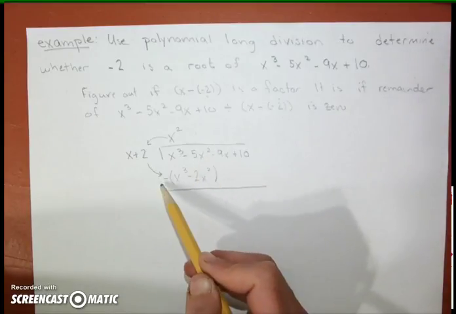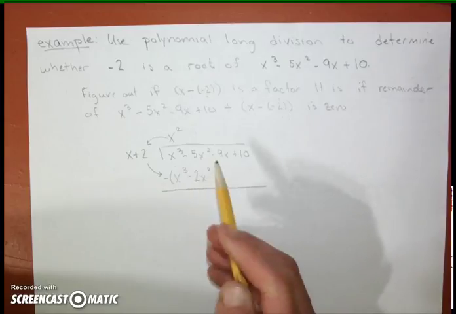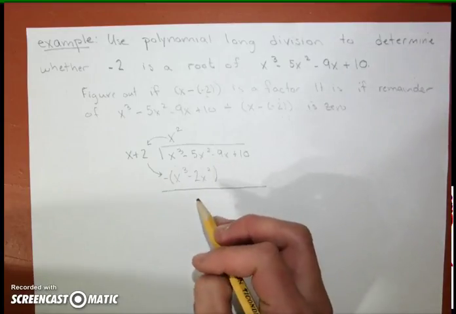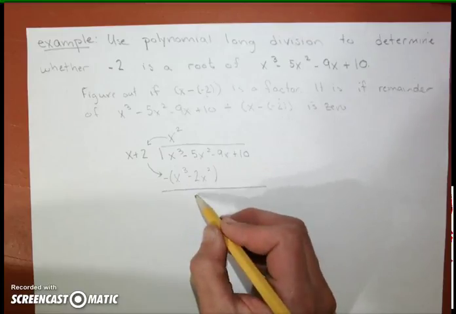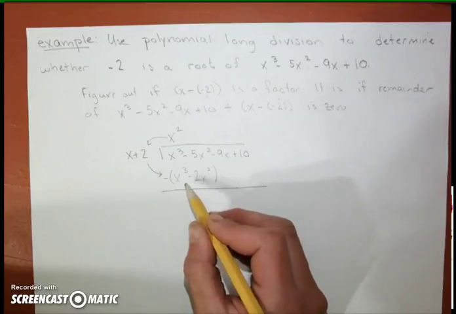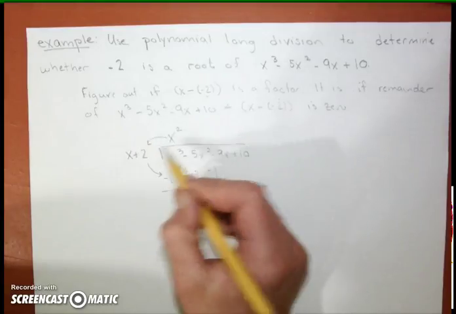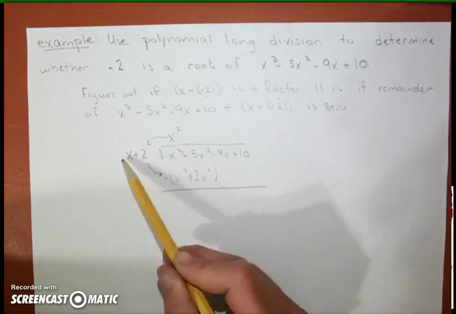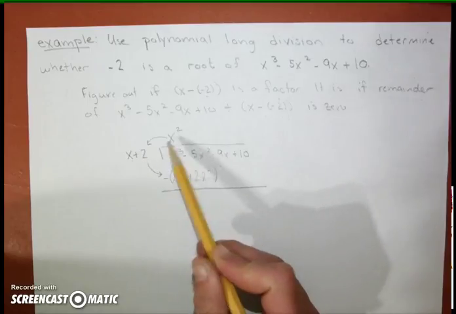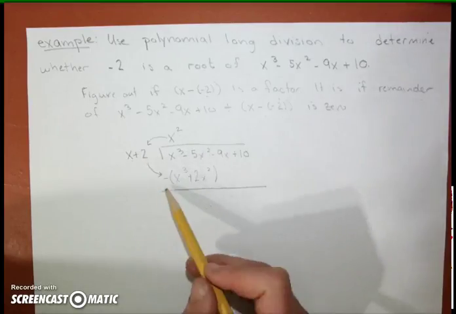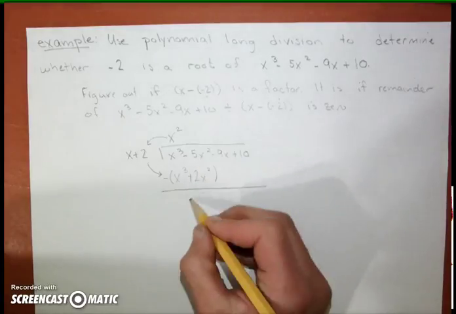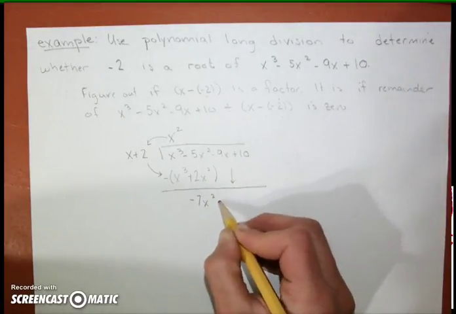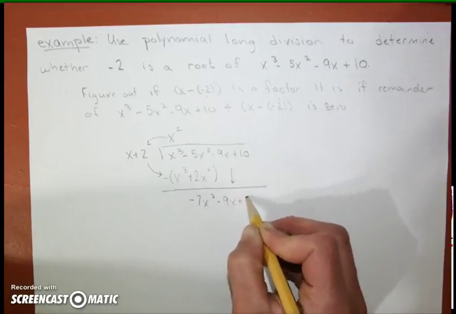Negative 5x squared minus negative 2x squared is, oh, did I make a mistake? This is x plus 2, so that should have been positive 2x squared. Sorry about that. X squared times x is x cubed. X squared times 2 is 2x squared. So now I subtract this. I'll get negative 7x squared. And I bring down the rest, minus 9x plus 10.